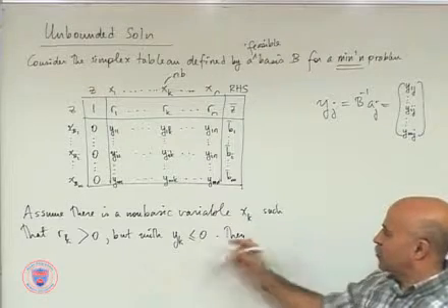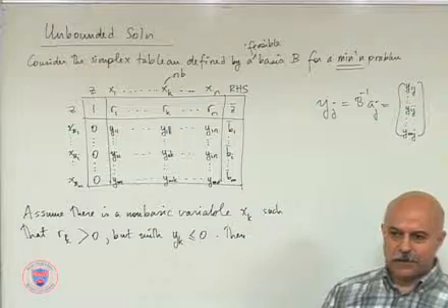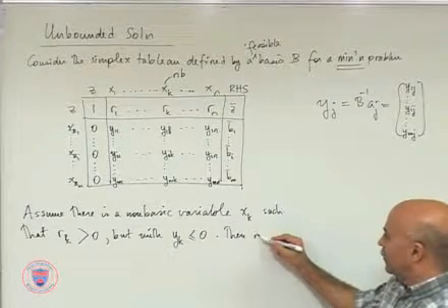Then, of course, when this is the case, there's no ratio to test for. In other words, there's then no blocking.